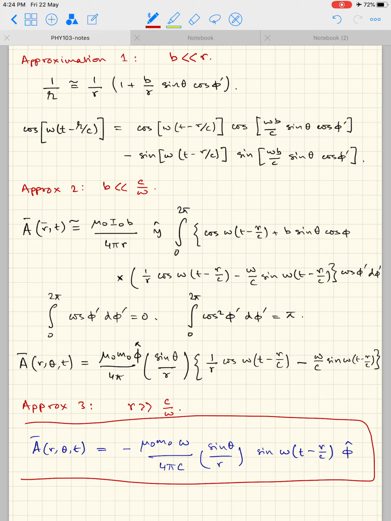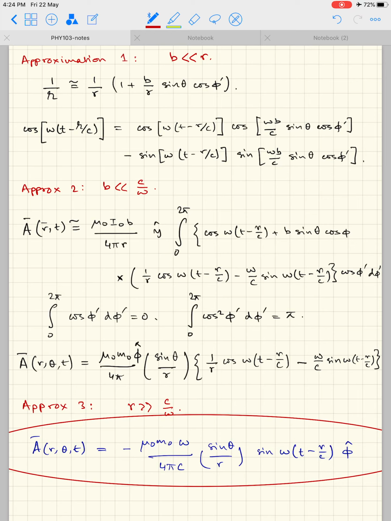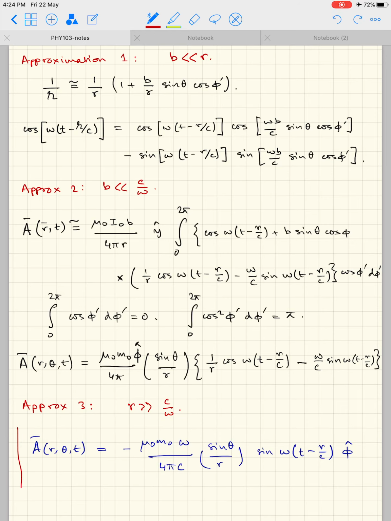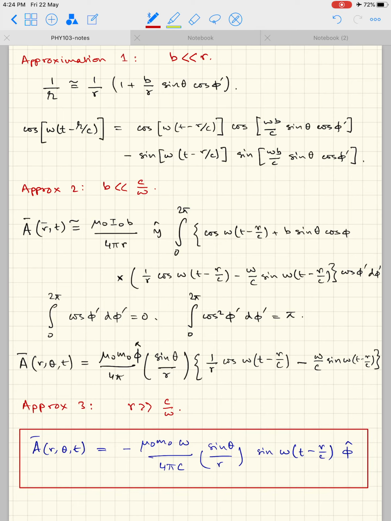And let me actually box up this equation for us. Okay, very good. So this is the expression that we want. And so then what we can do is write down the electric and magnetic fields. The expression for the electric field is just minus del A del t.